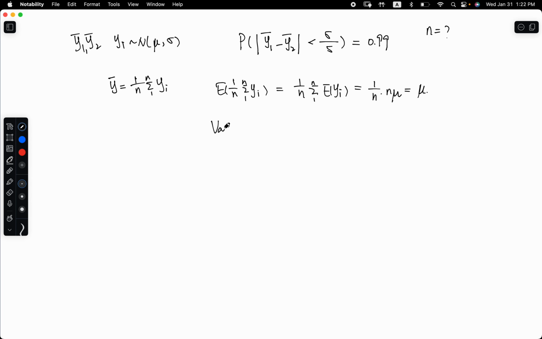For the variance of 1 over n summation of yi, this is equivalent to 1 over n squared when you bring out the constant term.